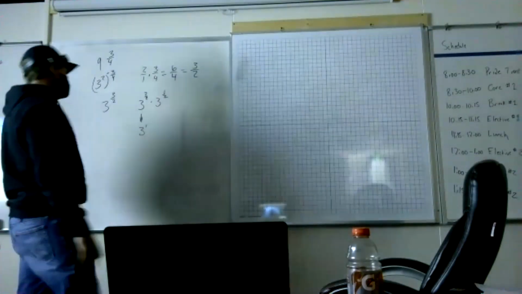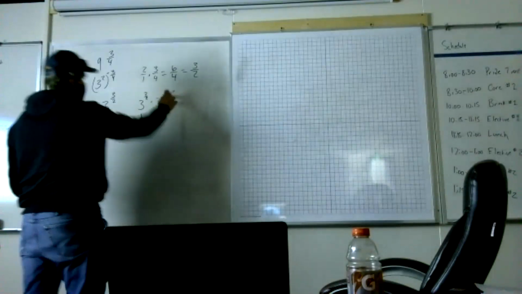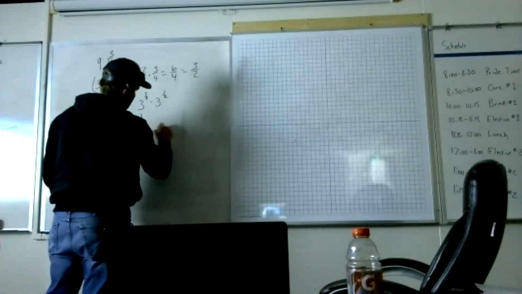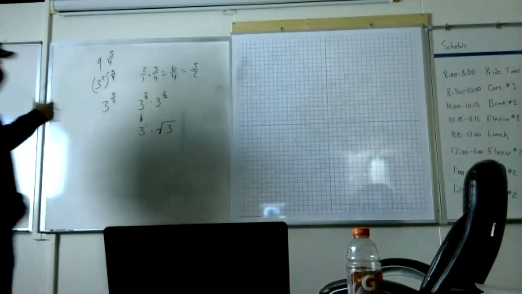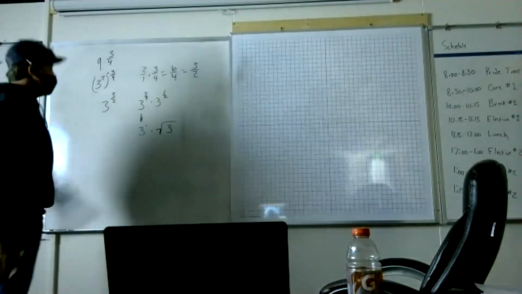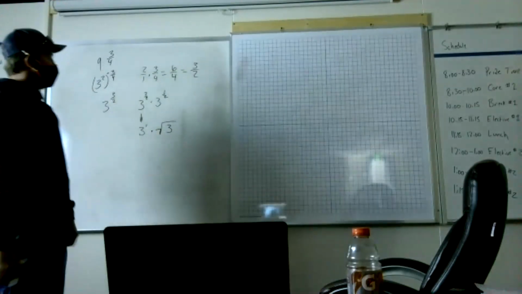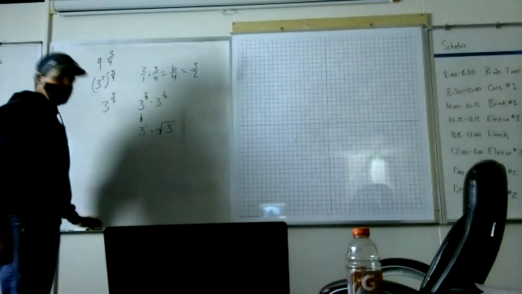The power property of rational exponents states that anything to the 1/2 power is equivalent to the square root. So following the chain of work, the equivalent answer is 3 times the square root of 3, which would correspond to answer D.